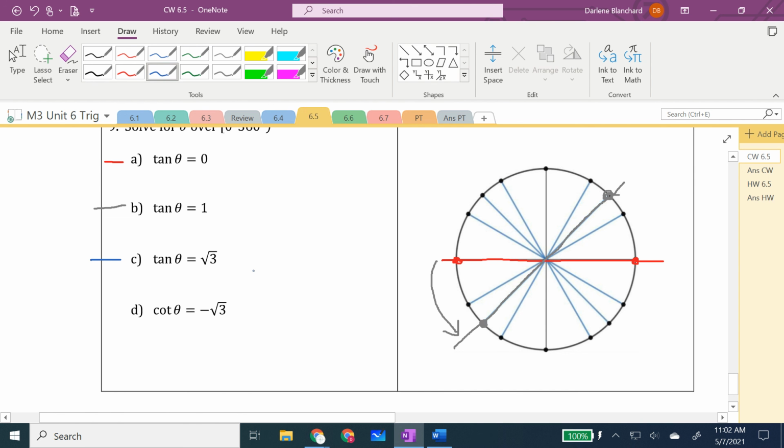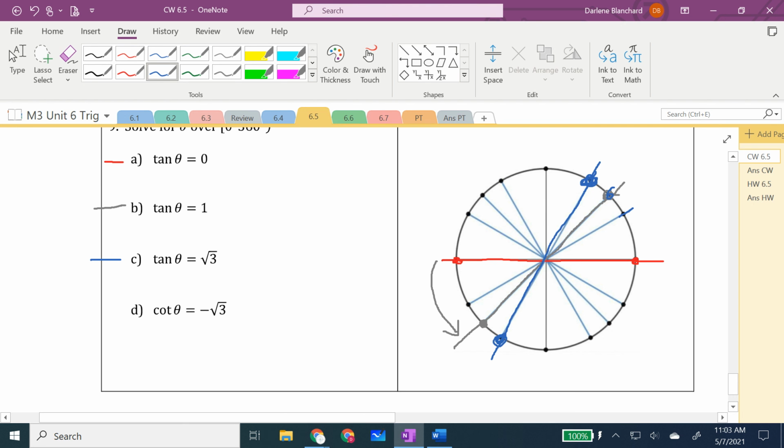Tangent is equal to √3. That's a positive number, so I'm dealing with a positive slope. For my positive slopes, I have a slope of 1, a steeper than 1, and a less steep than 1. √3 is steeper than 1. That takes me to the angle 60 degrees, and this angle over here.